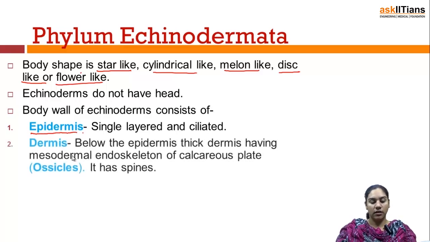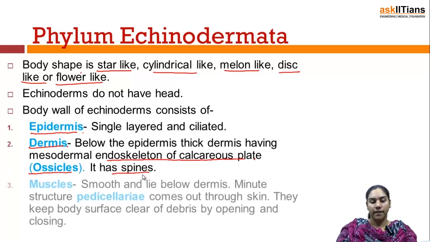The next is the dermis, which lies beneath the epidermis, and it has an endoskeleton of calcareous plates. These calcareous plates are also known as ossicles. The dermis also has spines.